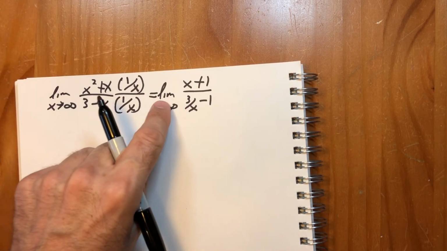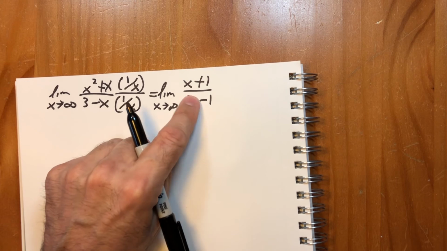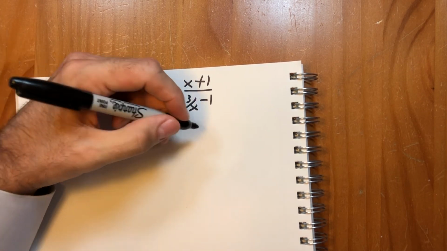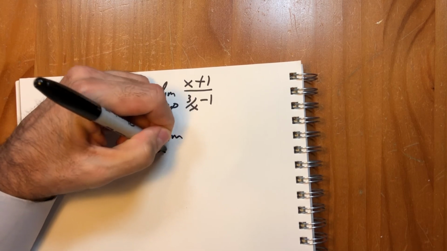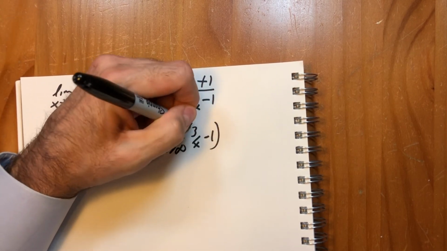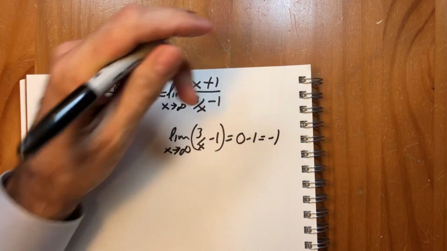So now, if we look at the limit of each of these, using our rule, as x approaches infinity, 3 over x is 0, and minus 1 is minus 1. So the limit as x approaches infinity of 3 over x minus 1 equals 0 minus 1 equals minus 1.